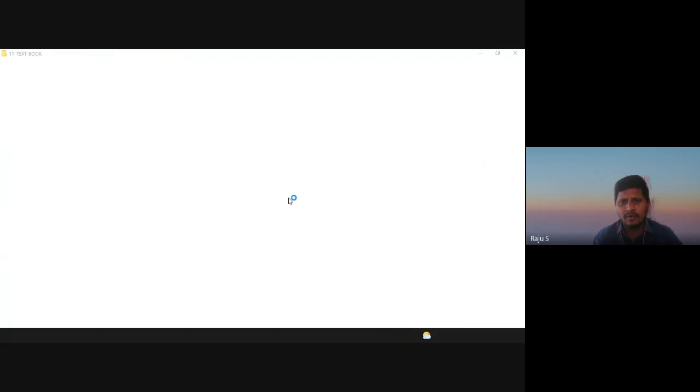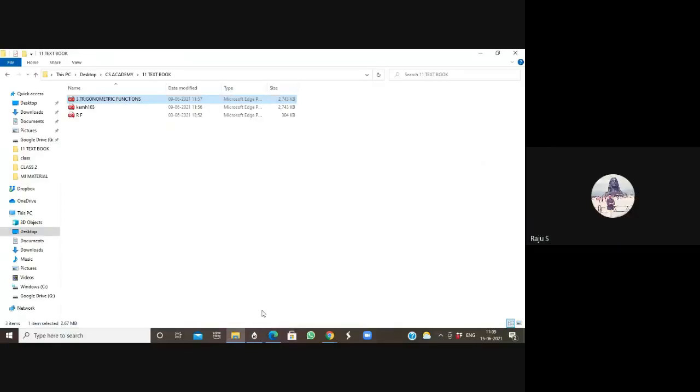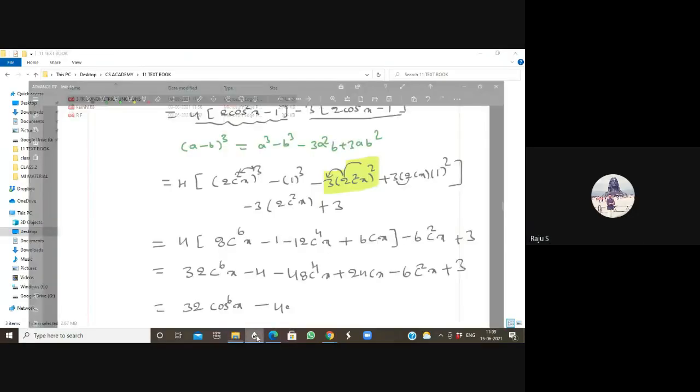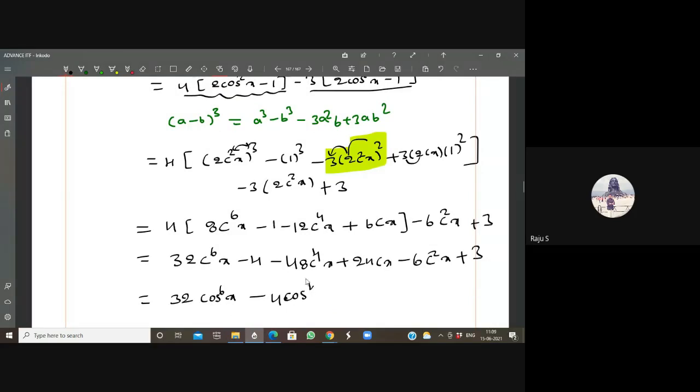So minus 48 cos to the power of 4x. Then after that minus 6 cos square x. Okay, students.